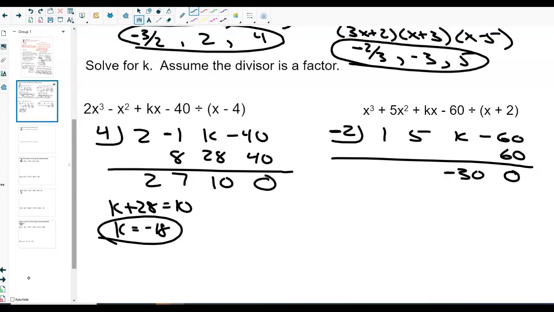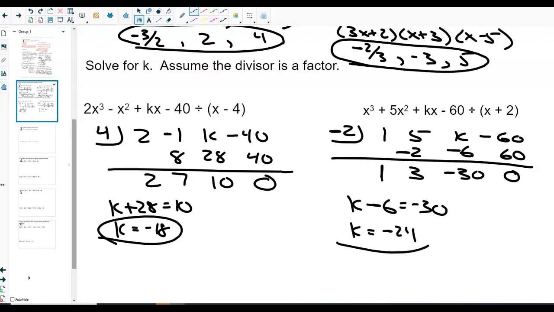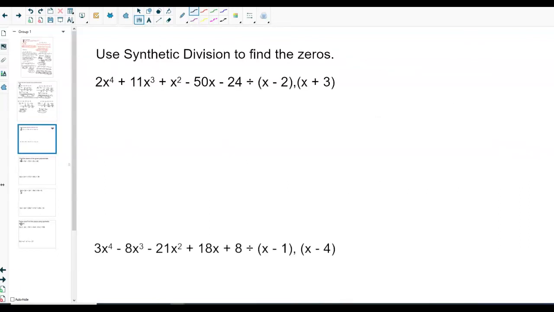Negative 30 would. So I have all the information I can get on the back end right now. Drop the first term, we get negative 2. 5 and negative 2 is 3. 3 times negative 2 is a negative 6. So k minus 6 equals a negative 30. K equals a negative 24. And that's how we go through it, synthetically.